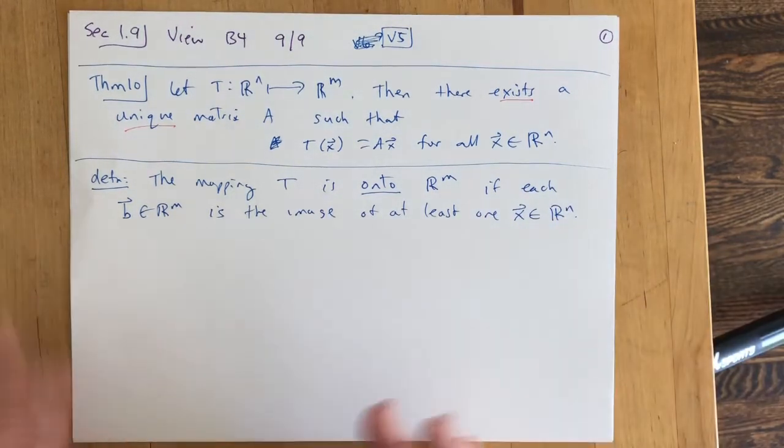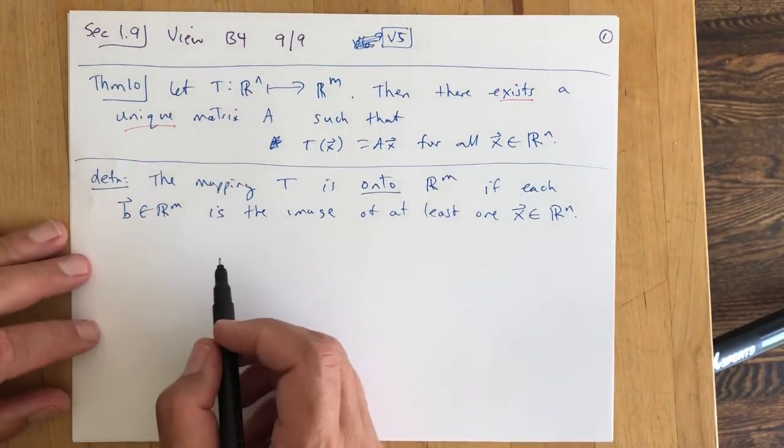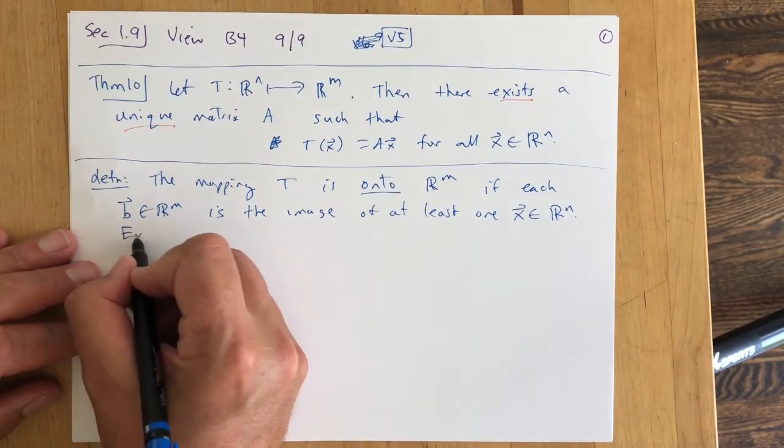And there might be more than one, but there has to be at least one. So this is an existence definition.